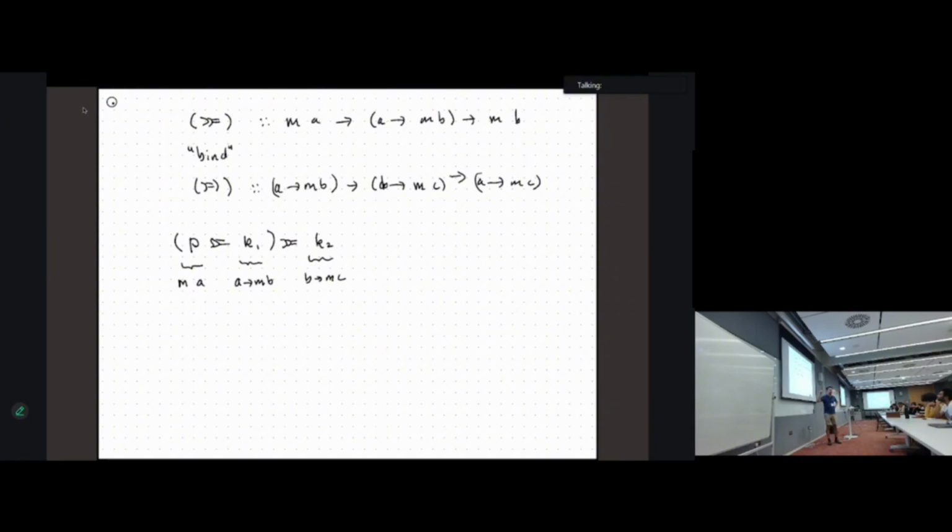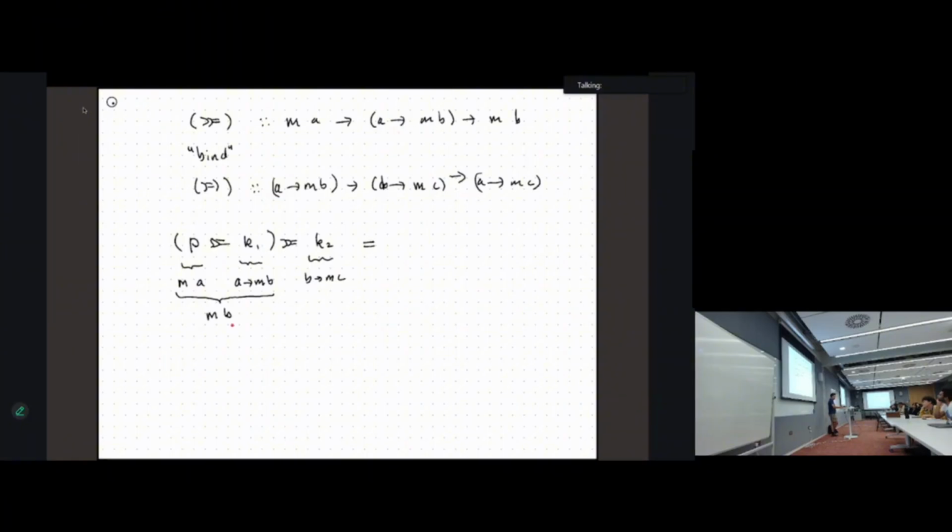this is somehow associative, right? We should somehow think that, just as we saw with the fish, the associativity of bind should work out. Well, it does. So this whole computation here, if you have MA bind A to MB, well, MA bind A to MB gives you back something of type MB, so this thing has type MB.